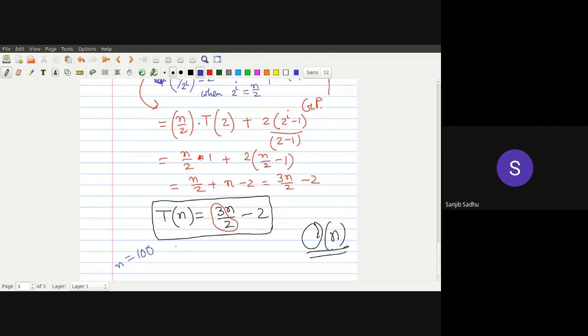In this case Tn will be 150 minus 2, and in the earlier case Tn was 2n minus 3, 2n means 200 minus 3. So which is faster? This one is faster. And if you take n very large, then you check, this will matter. So that's why I'm saying this is still better than the previous one. Okay.